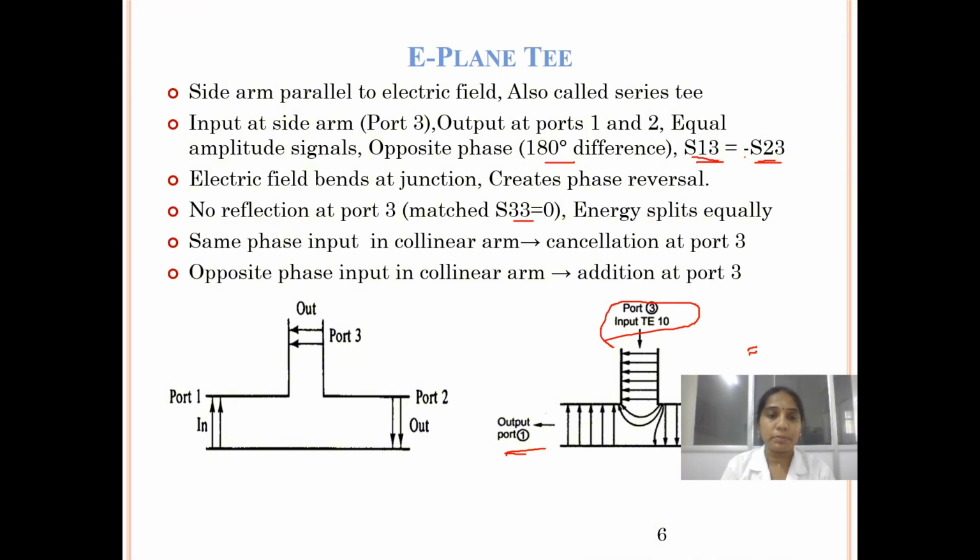Another criterion we consider is that whenever you give input in the collinear arms or main arms, port 1 and port 2, if both signals are in the same phase, they will be cancelled out in port 3. And when you give input signals of opposite phase in port 1 and port 2, they will get added in port 3. These are the two different criteria we will apply for the E-plane T.